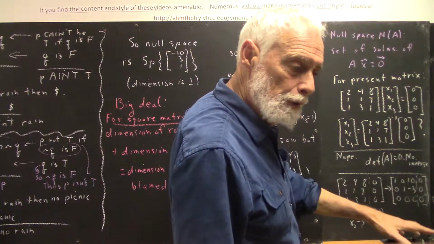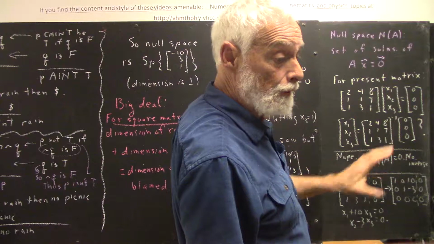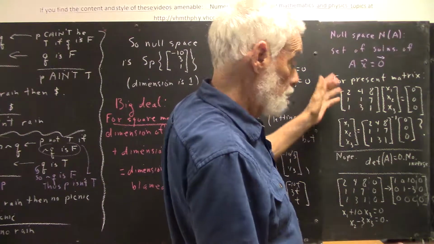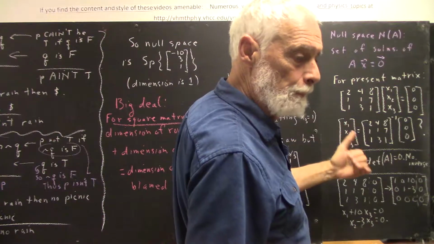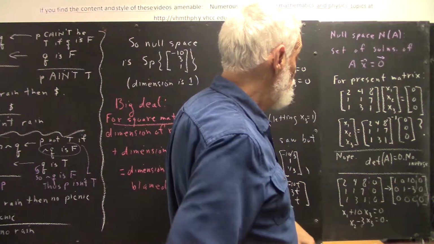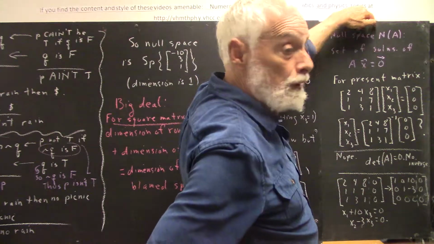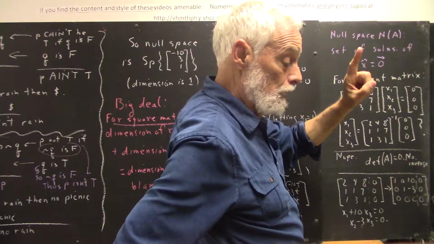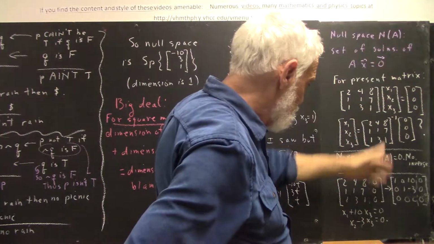And that row of zeros made the dimension of the row space less than the dimension of the matrix, which is a 3 by 3 matrix. We're in R3. We only had 2 independent vectors in the row space. It's going to turn out that that means we have to have at least a one-dimensional null space. And we'll see that we do.